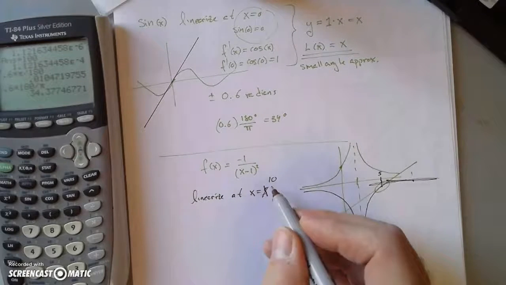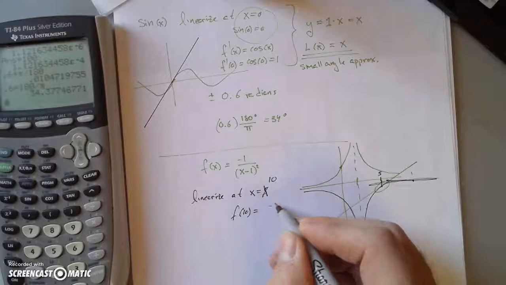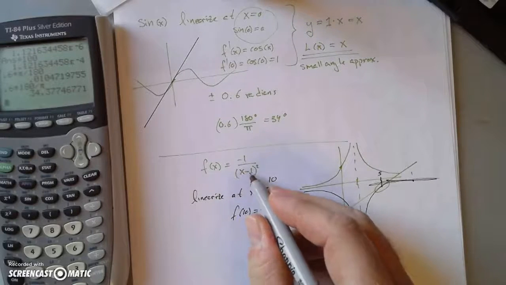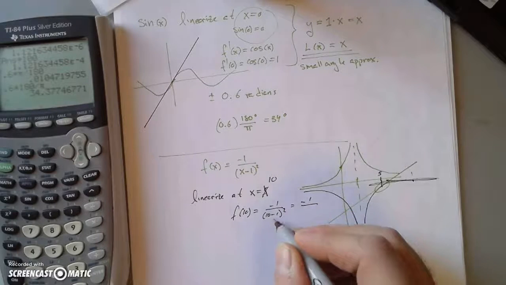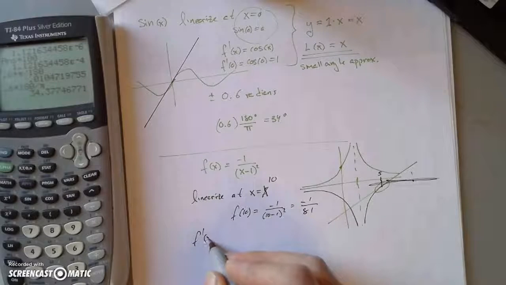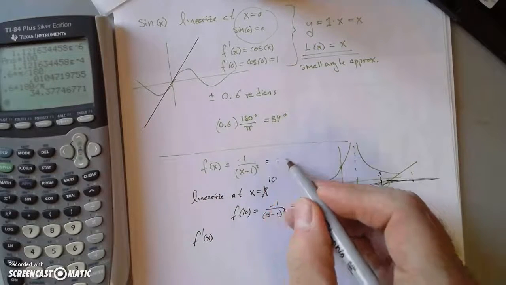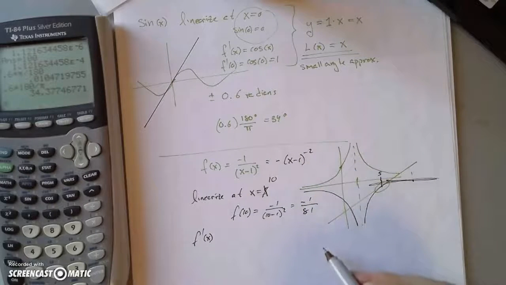So if we're doing it at x equals 10, then f of 10 is minus 1 over 9 squared, which is minus 1 over 81. So it's not a very big y value. And we need the derivative. Let's think of this as minus x minus 1 to the minus 2.